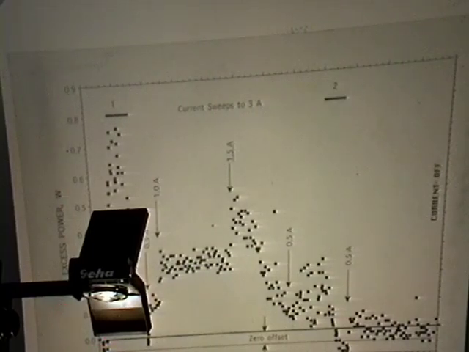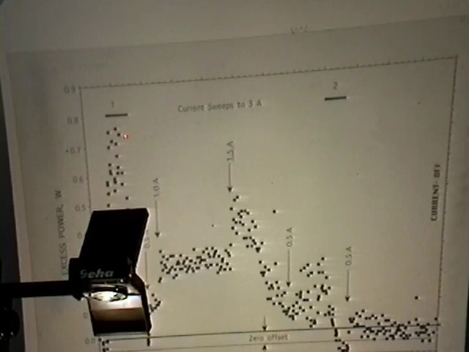The first thing I did was apply current in stages, and this is done by increasing the current, allowing the calorimeter to come to equilibrium, which is about an hour, and then 5 points are taken, and then the current is stepped again. It stepped up to 3 amps and then stepped back down. So you can see that this power grew in as the current grew in, and then it went back down. We'll see this plotted in a different way shortly, and we'll gain some insights from that.